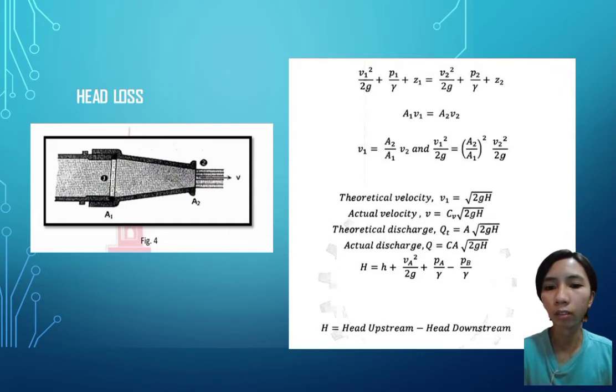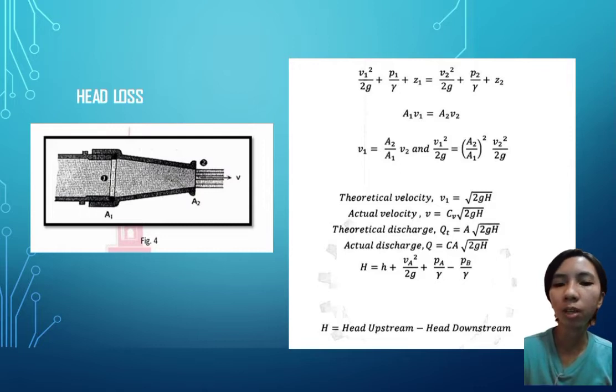We have the theoretical velocity equals the square root of 2 times g times h. The actual velocity equals C sub V times the square root of 2gh, and the theoretical discharge equals A times the square root of 2gh, and the actual discharge, or Q, equals C times A times the square root of 2gh.